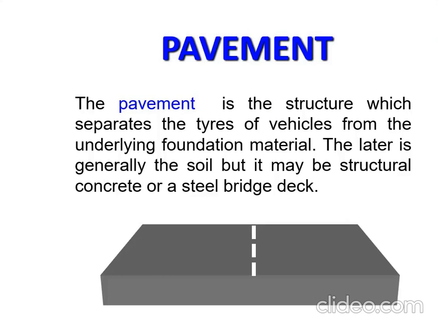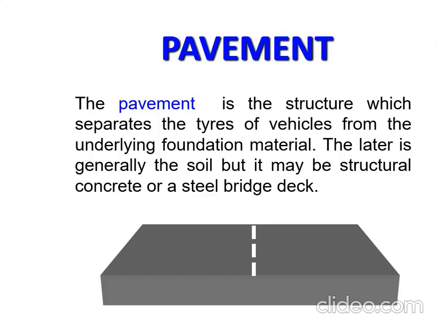It's not a native soil. For instance, if I ask you to construct a pavement on grass, you have to first remove the grass, get rid of that 6-inch topsoil, and then start compacting. But this is a very ideal situation.